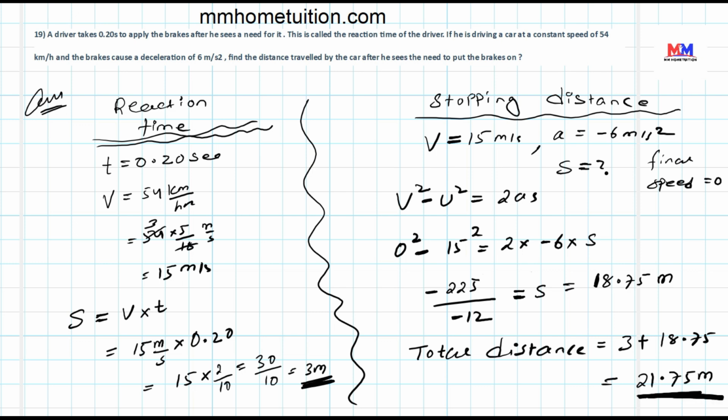That is the total distance. Total distance equals 21.75 meter. That is the total distance traveled for the reaction time and stopping distance.